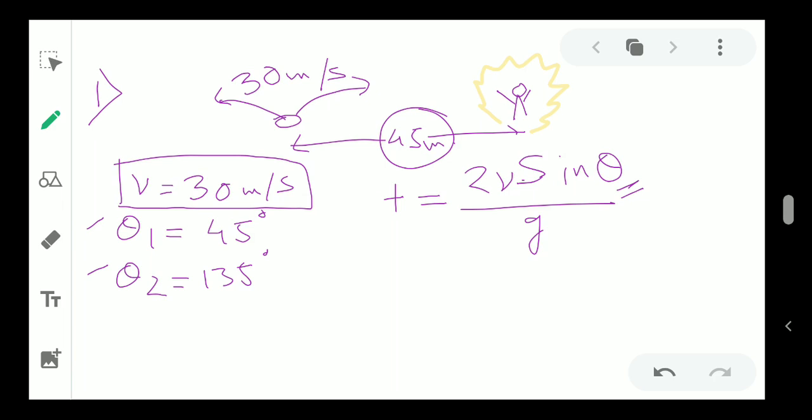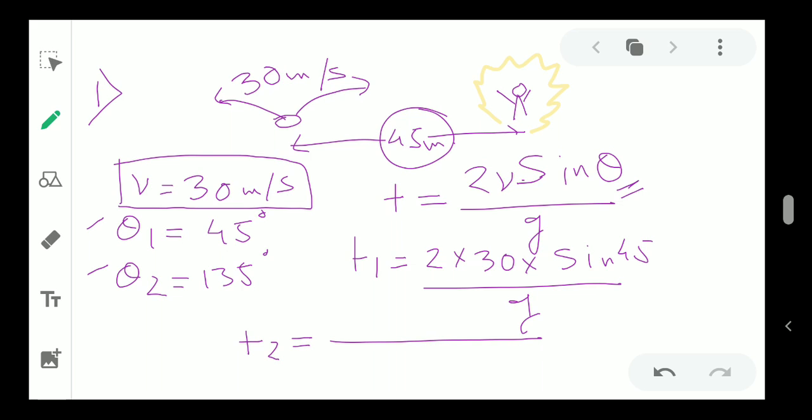So I will have t1 for theta equal to 45 degrees, so I can write here 2 into 30 into sine 45 by g. And I will also have t2, that is 2 into 30 into sine 135 by g.